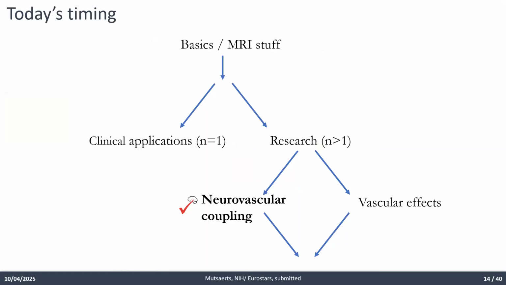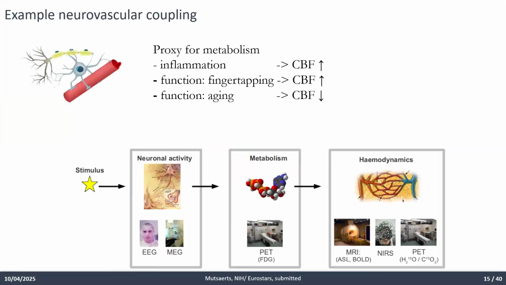But if the changes are more subtle, for example, in aging or in dementia, then we need many more volunteers or patients to scan than a single subject. And the idea is often this neurovascular coupling, where we started with, that we want to see that there are certain regions in the brain that require less blood flow.